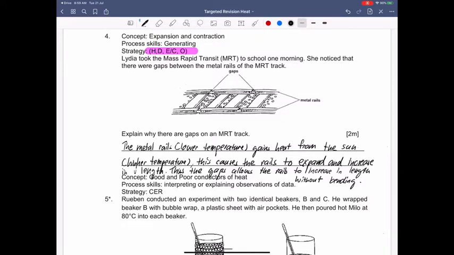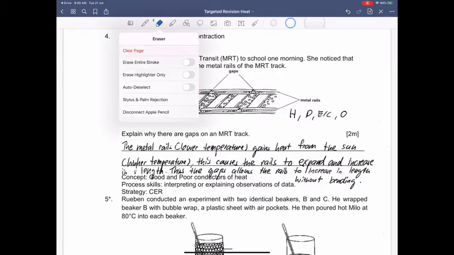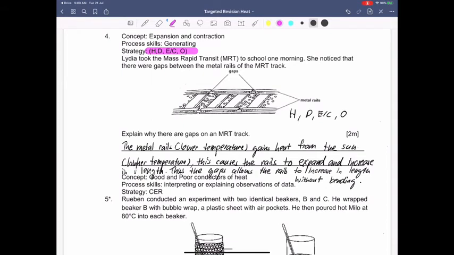So once again, let me exemplify for you. HDE/CO. In the first part, metal rails gain heat. This is talking about H, higher temperature, from the sun, talking about direction.